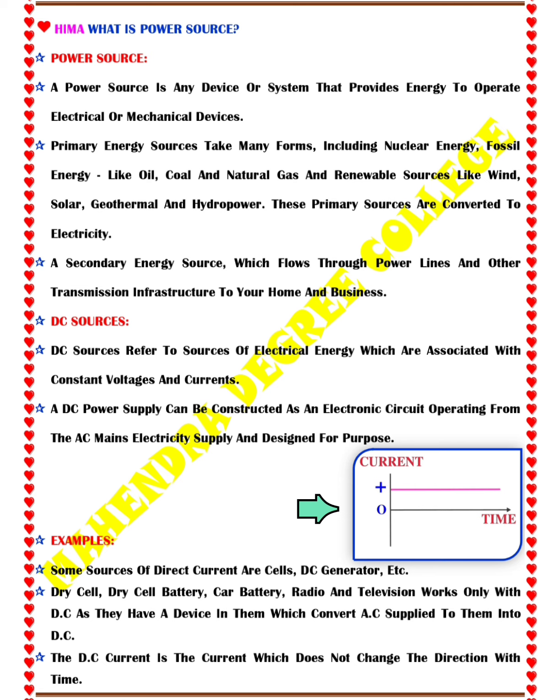Common sources of DC include batteries, rectified sources, and solar panels. It's used in various devices from mobile phones to electric vehicles.